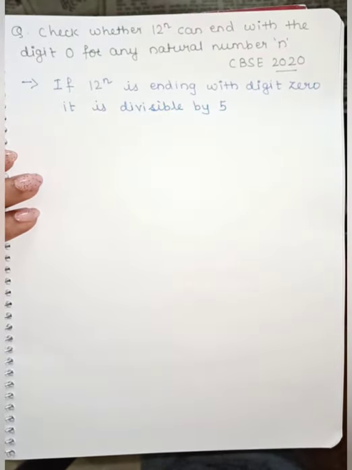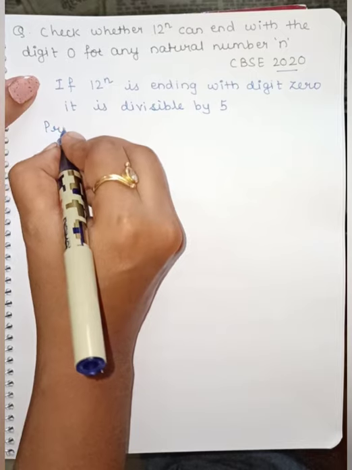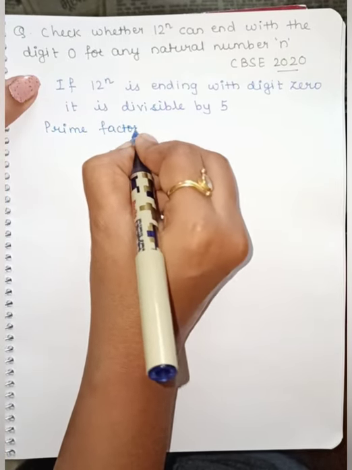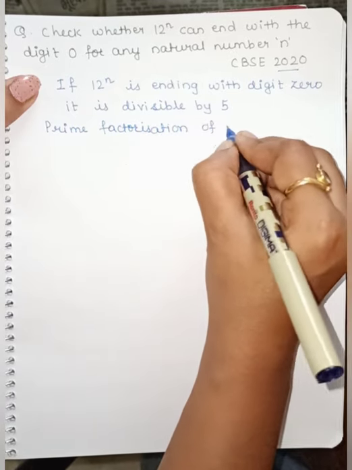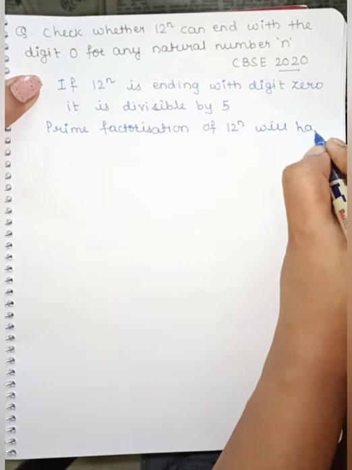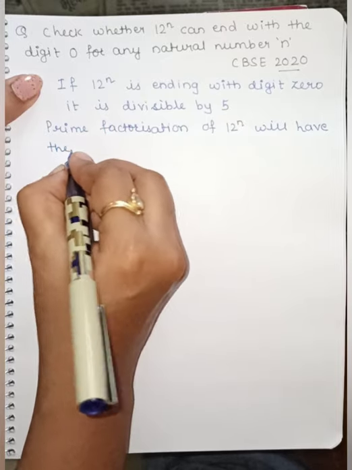Yes, all the numbers ending with 0 are divisible by 5, which means the prime factorization of 12 raised to n will have the prime number 5 in it.